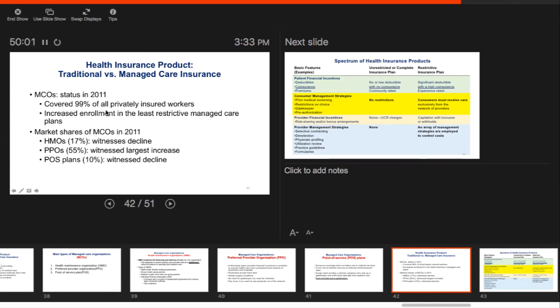Recently, in 2011, MCOs covered 99% of all privately insured workers.